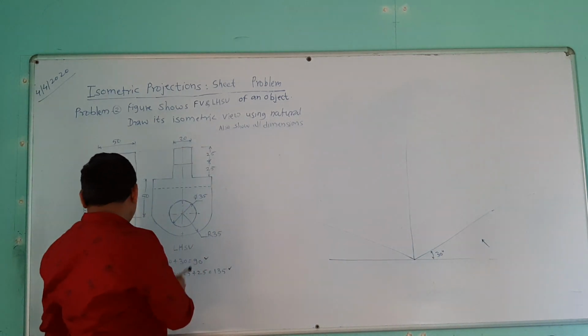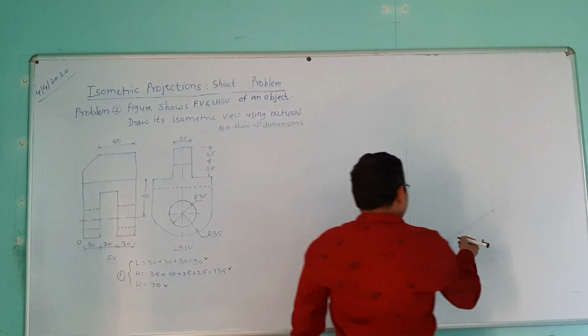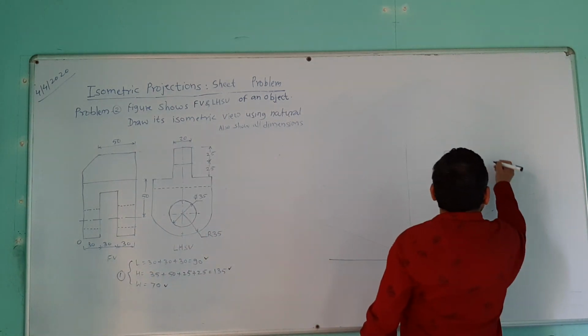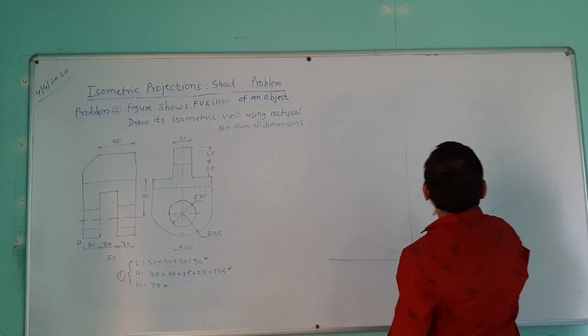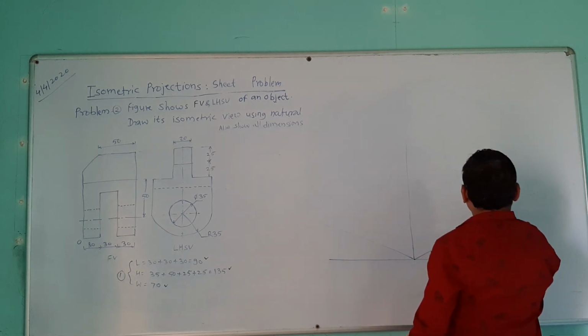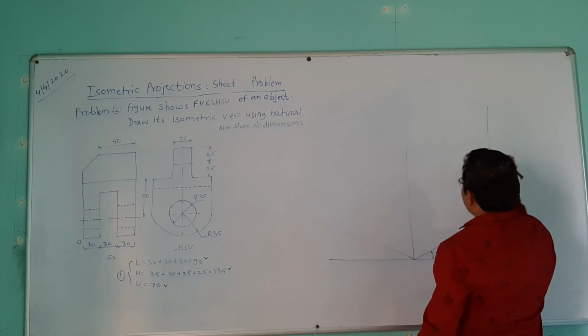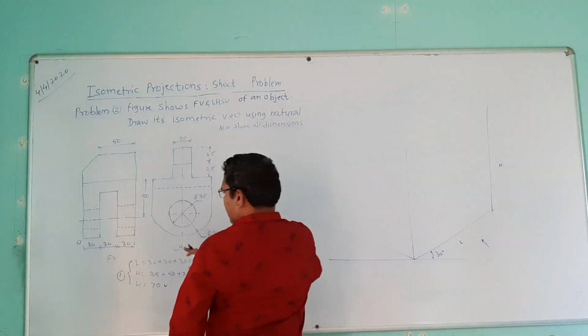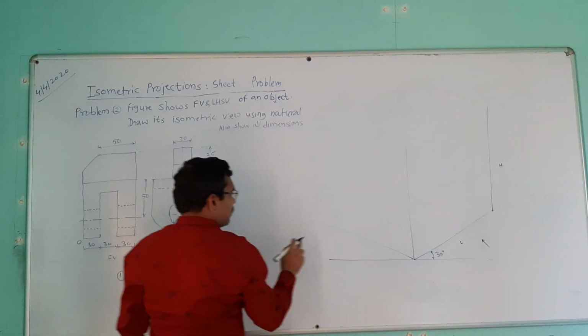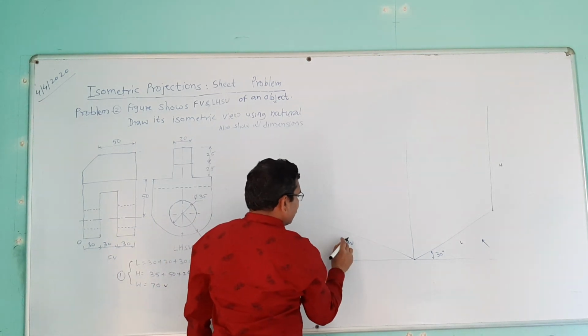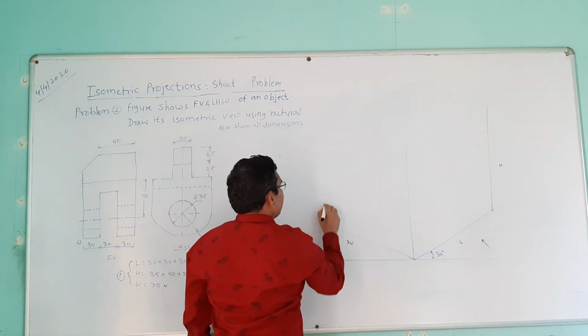Then on this right isometric plane, we have to mark a length dimension and a height dimension. The height dimension is 135, so let us mark a 135 height dimension. The width dimension is 70, so mark the width dimension as 70.